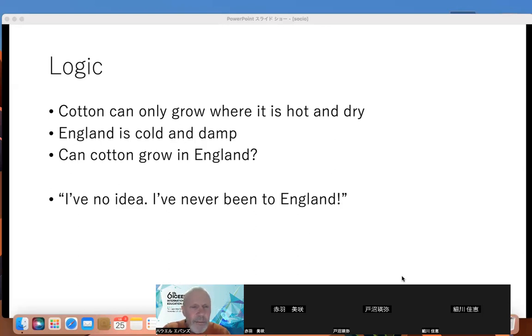It's really about the relationship between symbols and signs, language, symbolic tools, and thought. And the way that thinking can then regulate activity, can help you to actually do things. In this case, solve a problem about whether cotton grows in England.